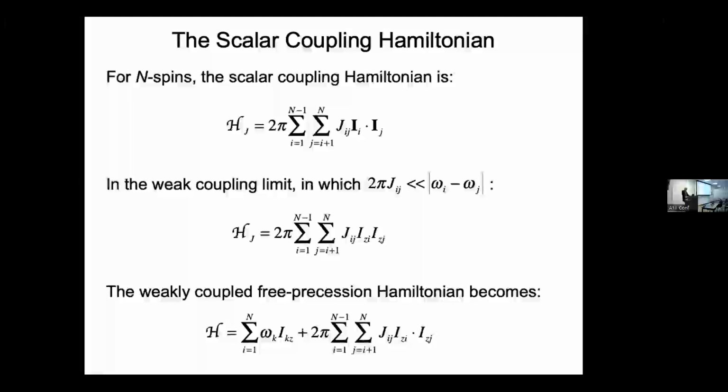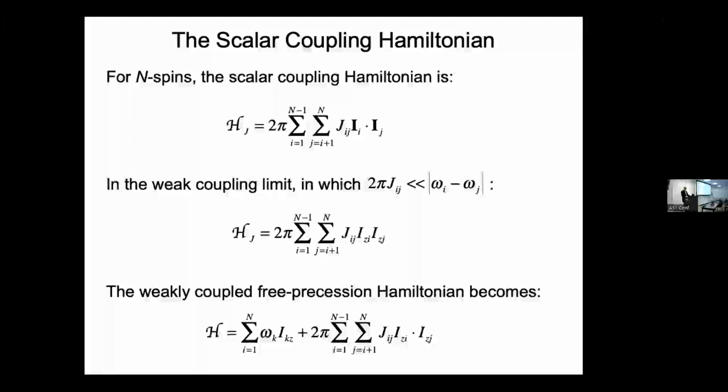So if you look at that equation here, here's the chemical shift precession. Here's the coupling. From a quantum mechanical point of view, what's going to be really simplifying here? They commute with each other.